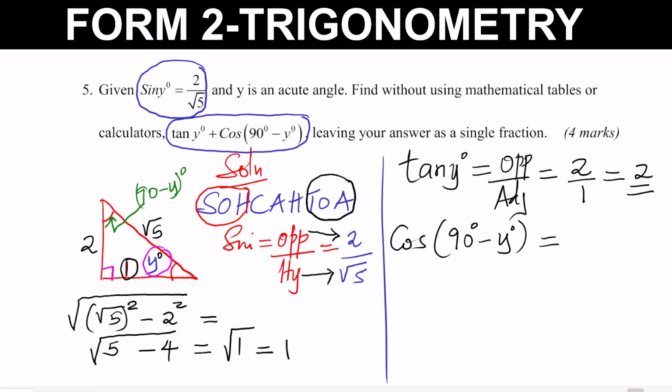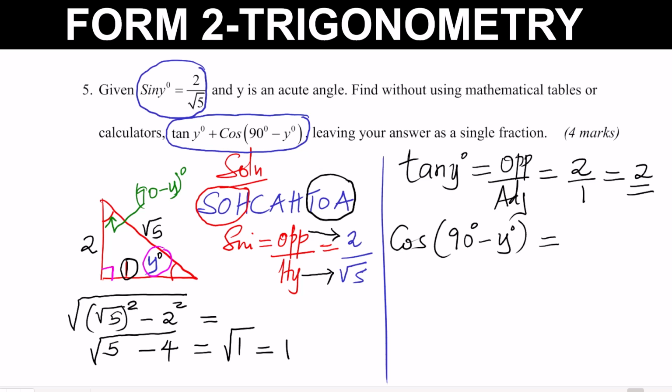How did I get that? The sum of the three angles in a right angle triangle should add up to 180 degrees.